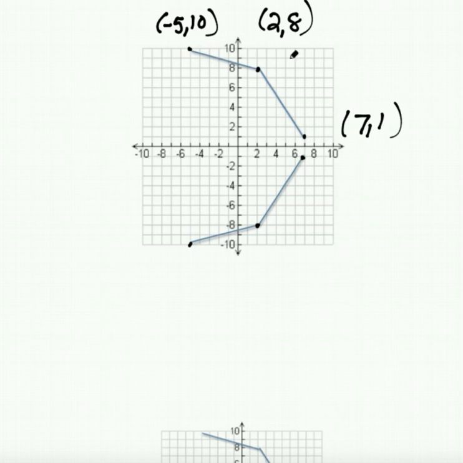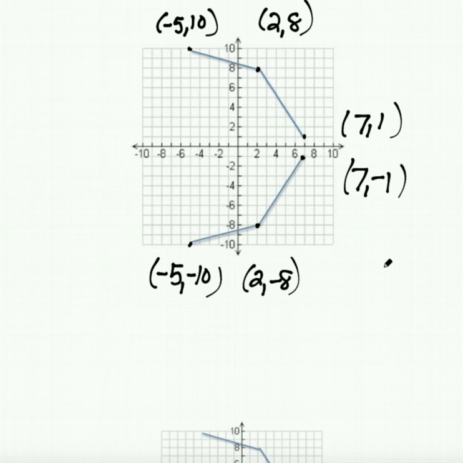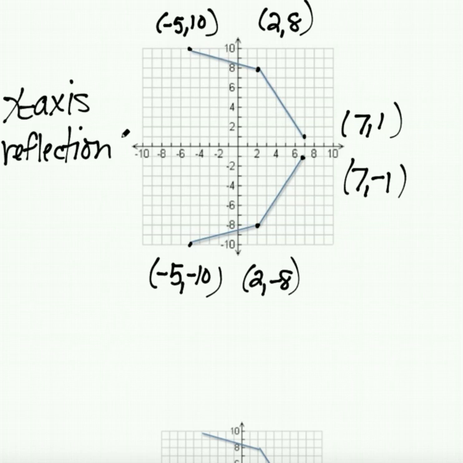When I reflect them across the x-axis, I'm now going to have the points negative 5, negative 10, 2, negative 8, and 7, negative 1. Once I've done that x-axis reflection, I can move on to the second piece.